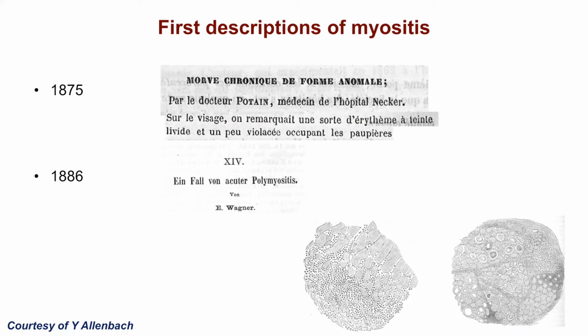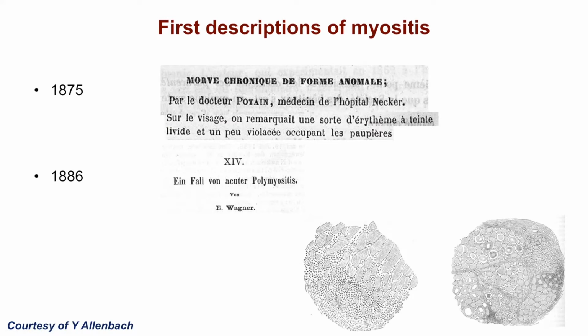So just a few words regarding the past history of myositis. We started in the 19th century with two first descriptions. First, dermatomyositis by a French doctor, which is in French, but if you can read, it's in fact a description of the heliotrope rash.